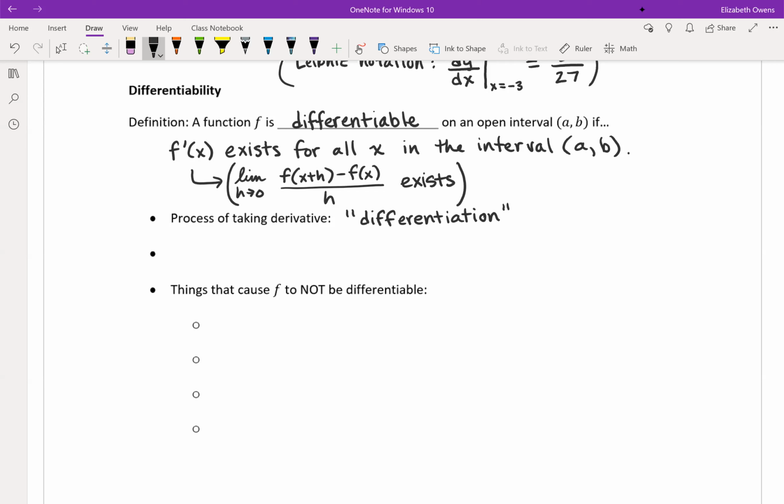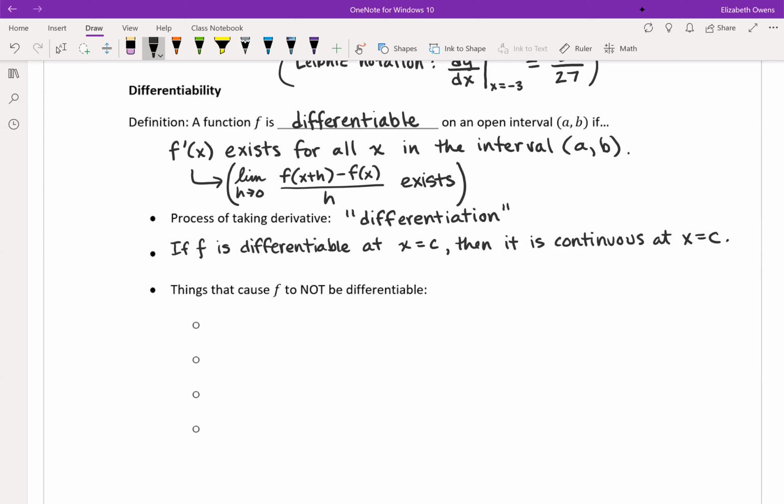Now, another note here. If a function f is differentiable at a certain point, let's say x equals c, then we're guaranteed that it is continuous at x equals c as well.